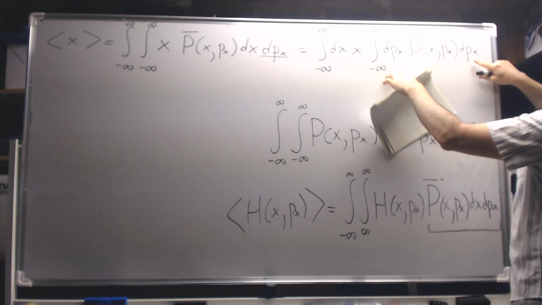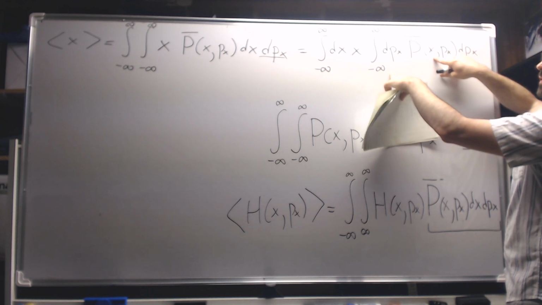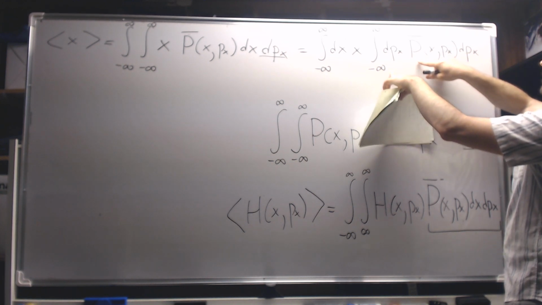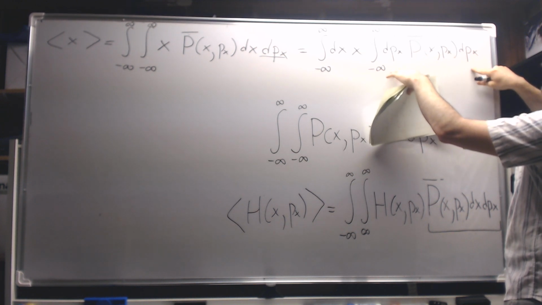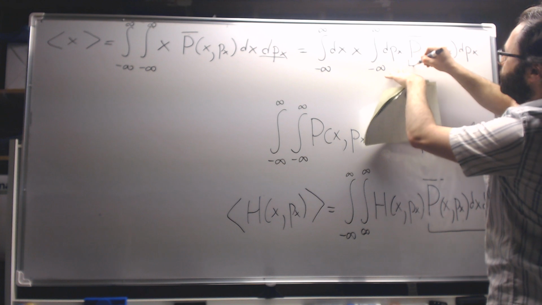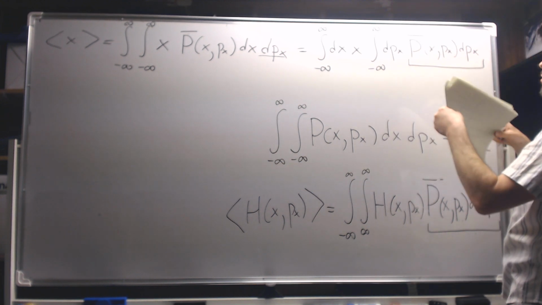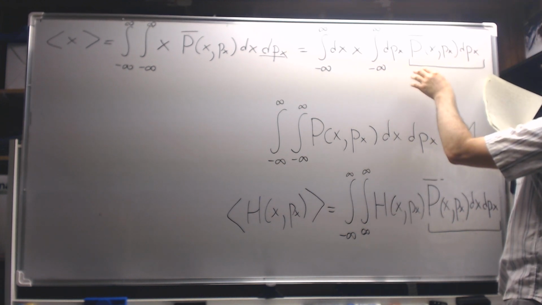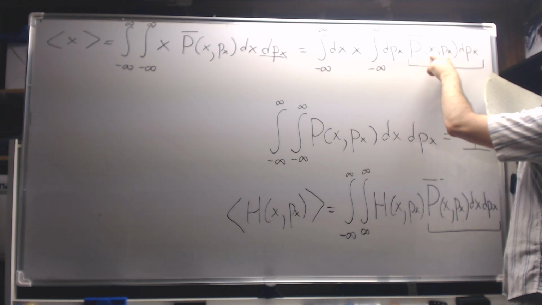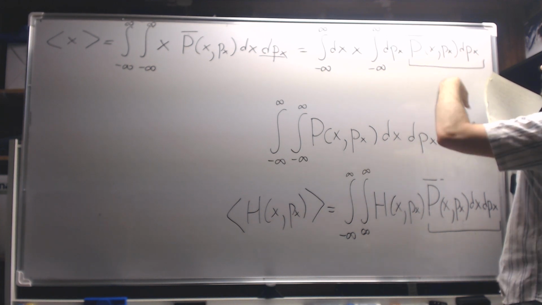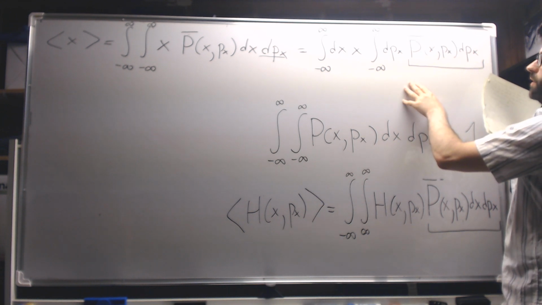Notice that in this integral over dpx, x is a constant. And so it's as if for a given x, this integral is being carried out over all possible dpx. So this is an integral over the probability density, or, as we talked about, the sum over all possible values of the probability with x fixed in some position, but momentum varying over all possible values of px.